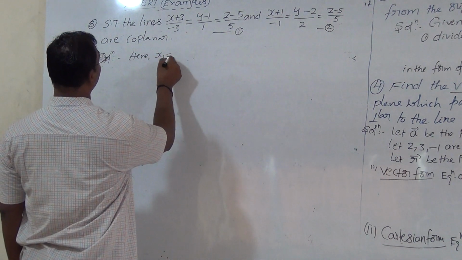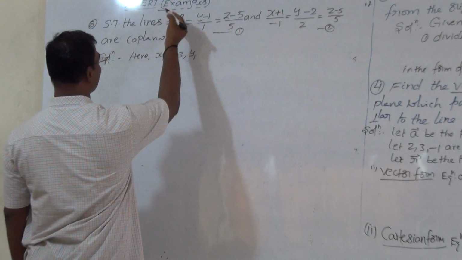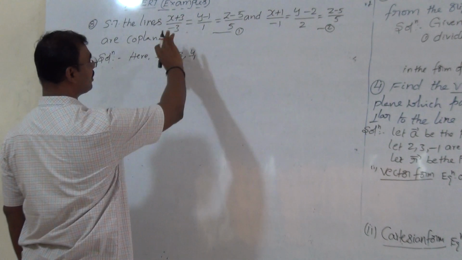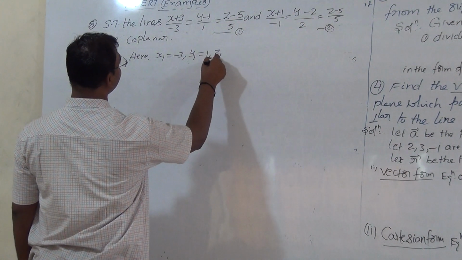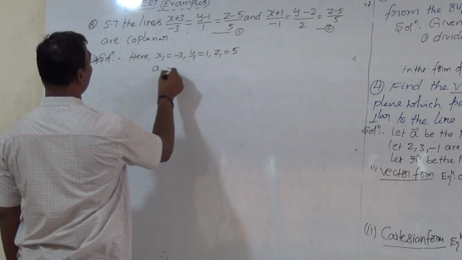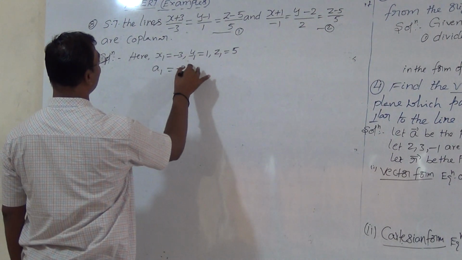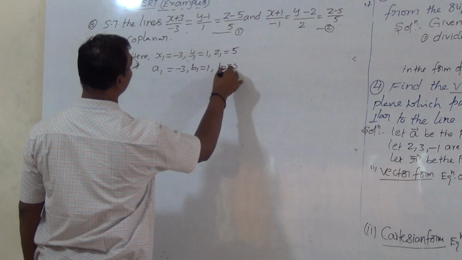x1 is equal to minus 3. For y1, we take the opposite symbol always, it is the standard form. y1 is equal to 1, z1 is equal to 5. a1 is equal to minus 3, b1 equals 1, c1 equals 5.